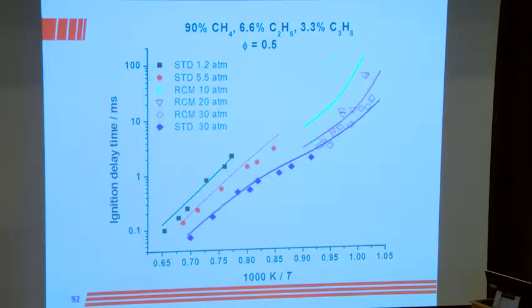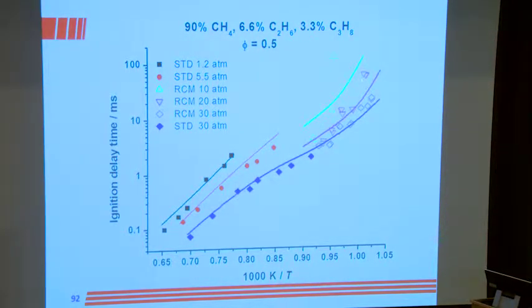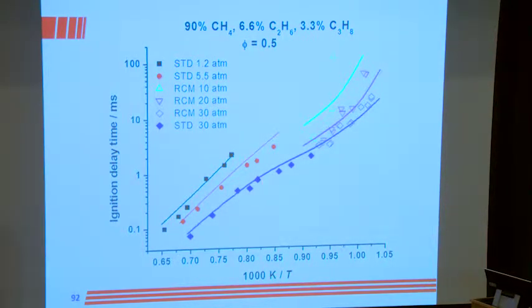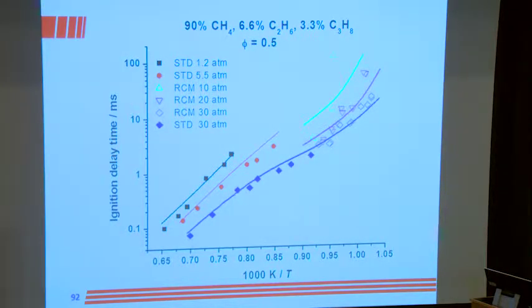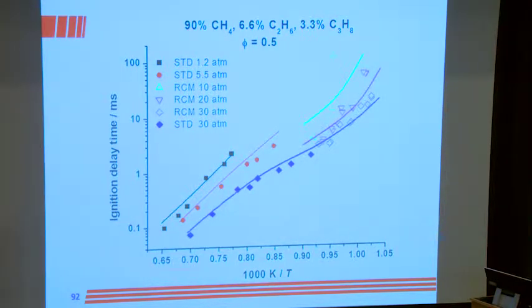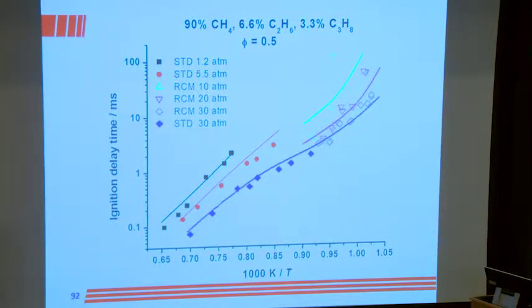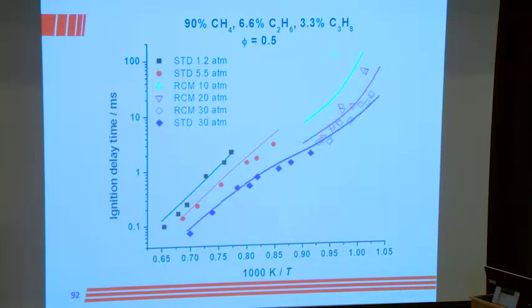Typically, if you combine rapid compression machine data with shock tube data, you get a nice range of temperature, in this case from about 1,500 down to maybe 950 Kelvin or so, okay? But it's not really the temperature range.